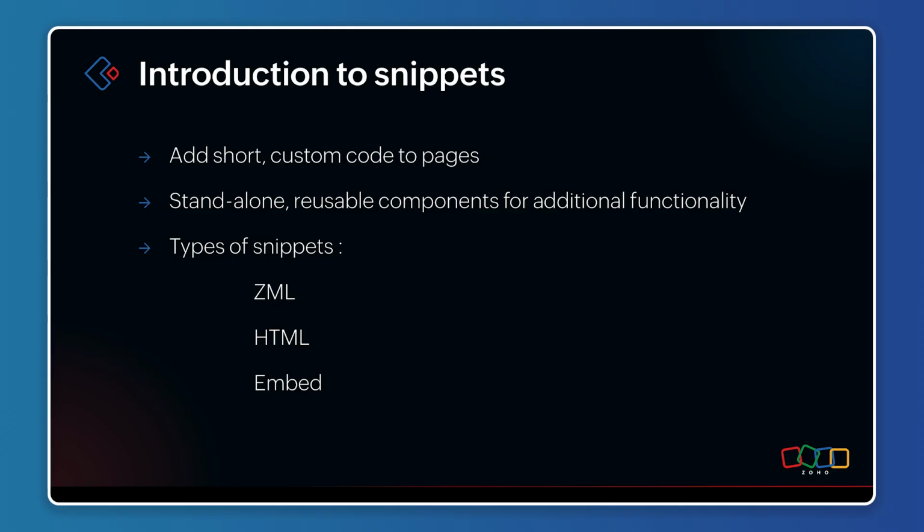And then we have the embed option, which allows you to embed an external element into your application. So these are the three snippets available for you to use, and in this session, we will be looking into the ZML and the HTML part.